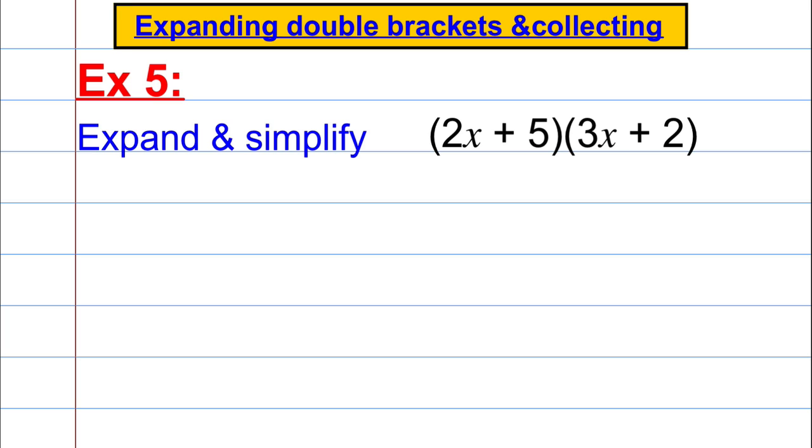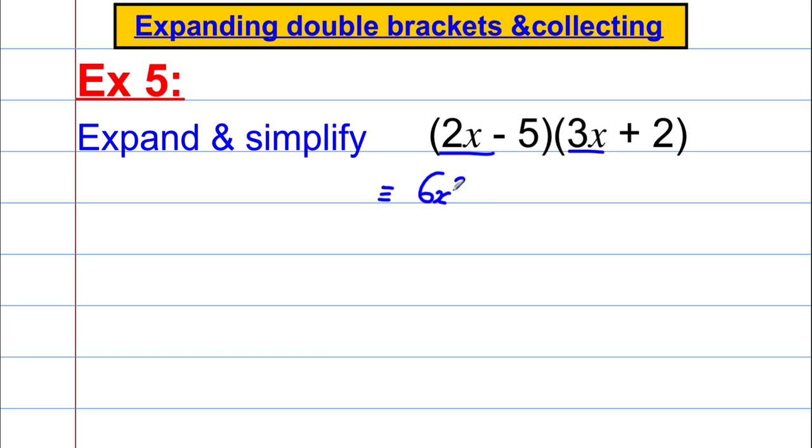Right, next one. Just going to change this one second, sorry, I wanted that to be a negative here this time. So, what we're going to do is we're going to do 2x multiplied by 3x, which is going to be equal to 6x squared.